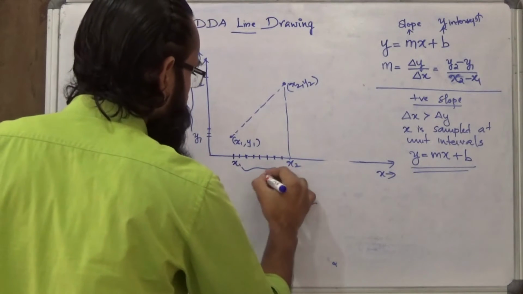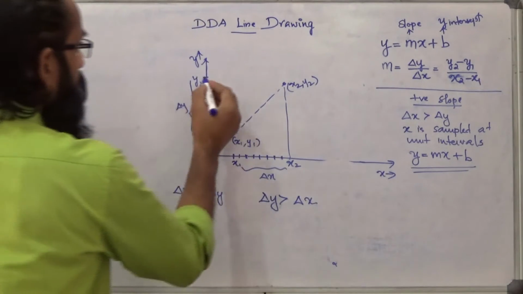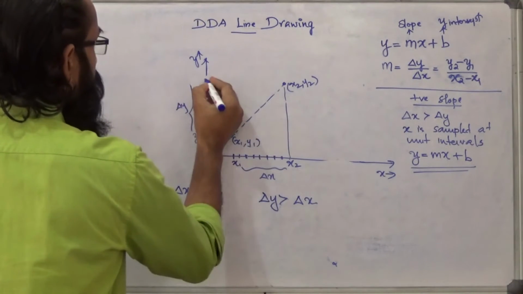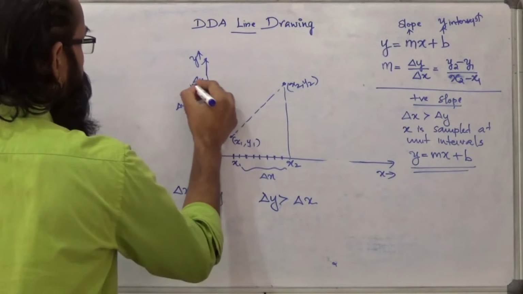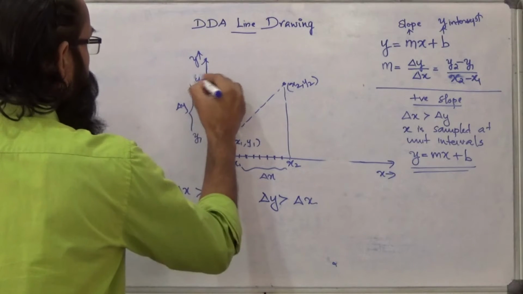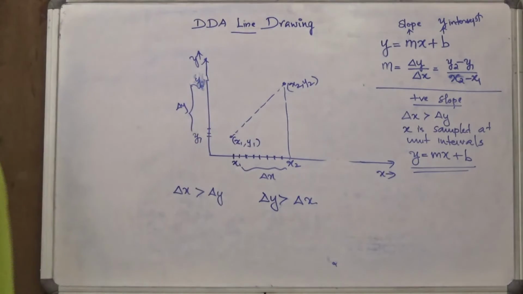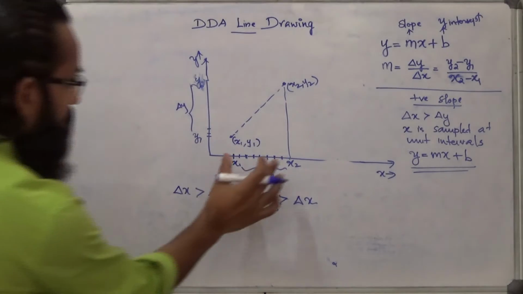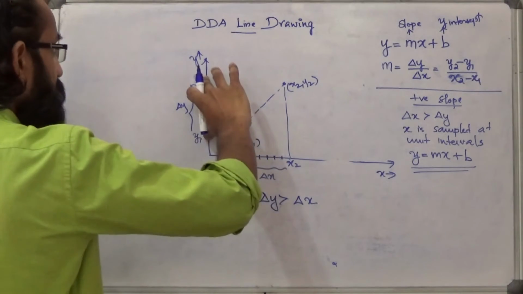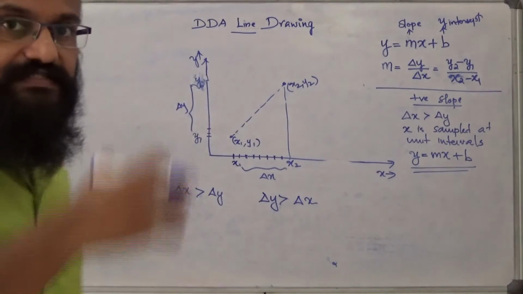This is delta x, and this is y2, and this will be delta y. From this it is clear that the x difference is less than the y difference, in the sense that the y difference is greater.